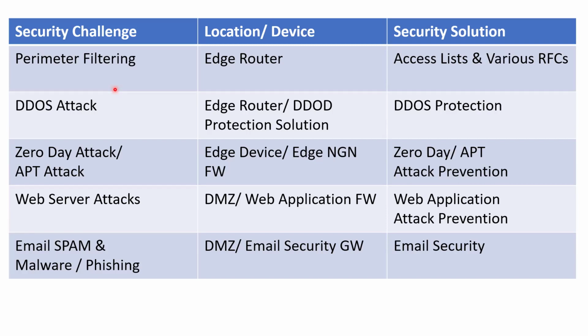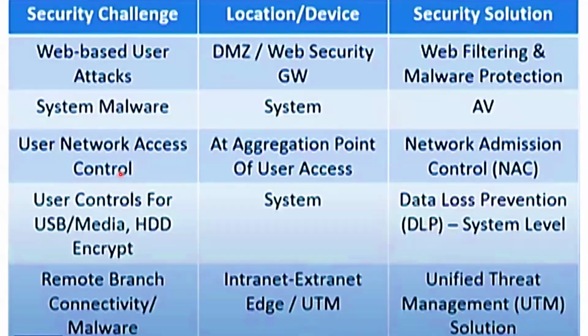Then email spam and malware phishing usually occur at the email security gateway, and the possible solution is providing secure email, or encryption is also a way to secure our email. Then there is web user attack, which usually occurs at the demilitarized zone or web security gateway, and the possible solution is web filtering and malware protection.